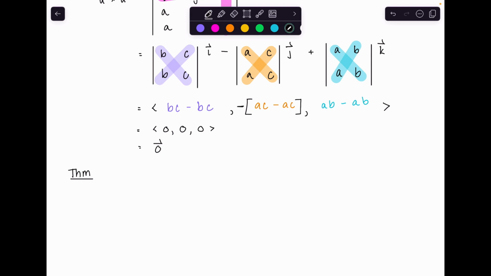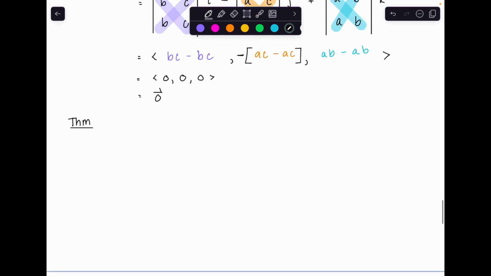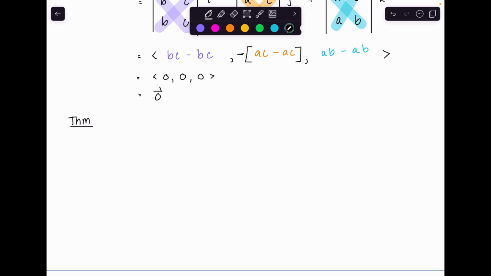But if I want to find the angle between two vectors, instead of using the dot product, I can also use the cross product. So if theta is the angle between the vectors A and B, then we really have an analogous formula.